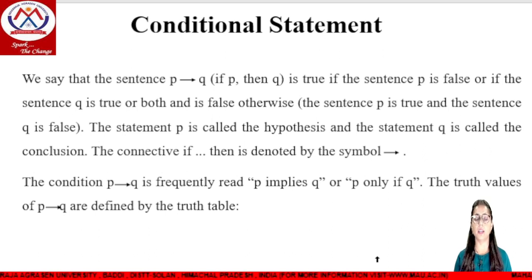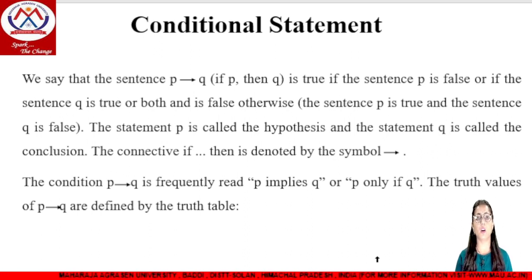Next we have another kind of statement, that is the conditional statement. We say that the sentence P implies Q. This symbol between P and Q stands for implies, or we can say "if P then Q" is true if the sentence P is false, or if the sentence Q is true, or both, and is false otherwise. We can say that if sentence P is true and sentence Q is false, then the conditional statement P implies Q will be false.